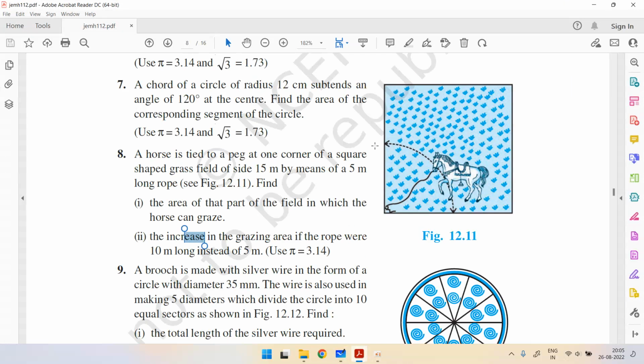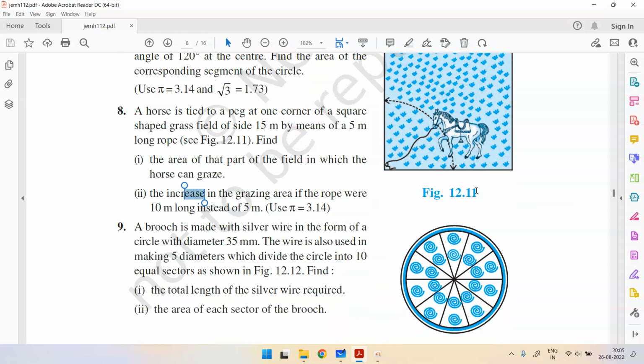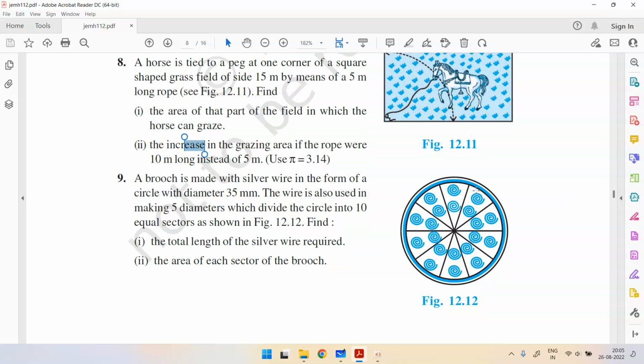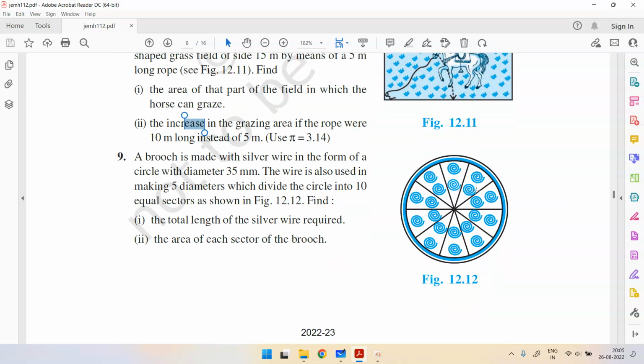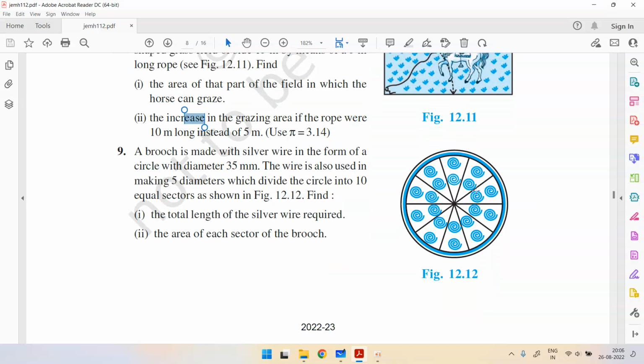Even it has, he has shown that the circular area field will be grazed. Now, ninth question. A brooch is made with a silver wire in the form of a circle with diameter 35 mm. See, diameter is given, which means that the radius can be found by using diameter by 2, which is 35 mm by 2.